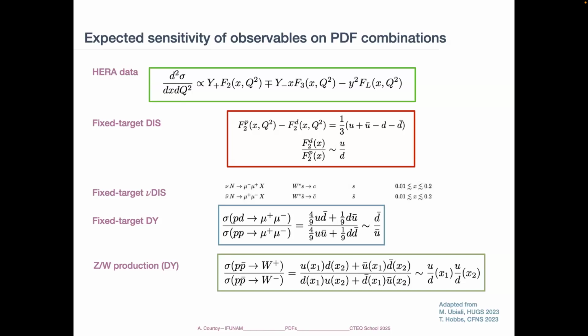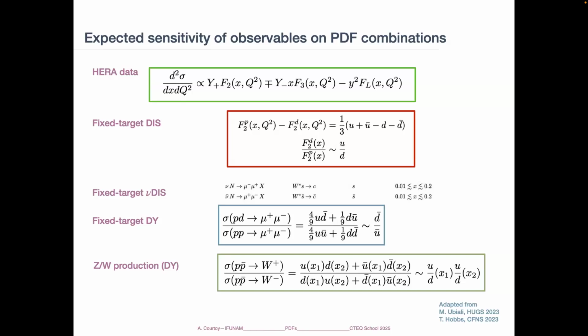Because we've seen that with the Q square, with DGLAP evolution, the PDF will evolve and change. If you take the HERA data, that's what I showed yesterday, you have the structure functions here. Fixed-target DIS is mainly F2P and F2D, the ones you worked out yesterday evening, remember? If you take the ratio, you could constrain U over D. You can also have neutrino DIS for the strangeness.